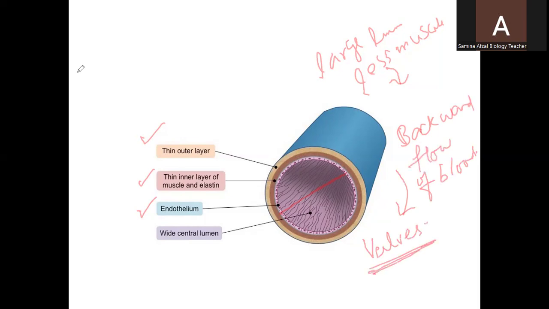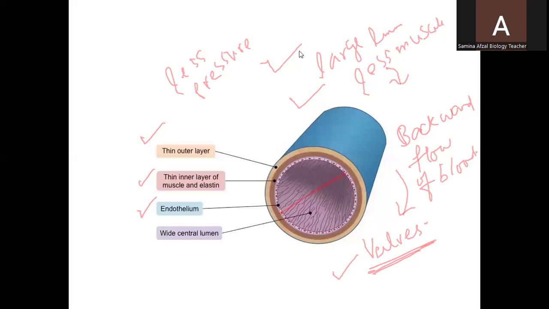Valves are present, and these valves prevent the backward flow of blood. They carry deoxygenated blood, they have a large lumen, they are less muscular, and valves are present in them, and they have less pressure. And due to less pressure, there is a possibility that the blood can flow in the backward direction. So valves are there to stop the backward flow of blood.